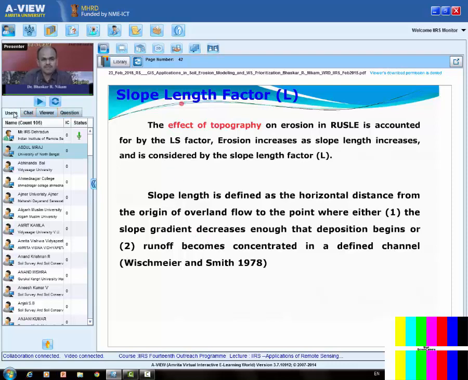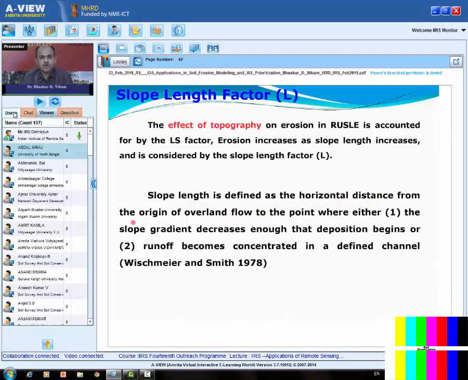As you can see, the effect of topography on erosion in RUSLE is accounted for by LS, where L is the slope length factor. We need to know the definition of slope length. We are saying slope length factor, but what is a slope length? By definition, slope length is a horizontal distance. The word horizontal distance is very important.